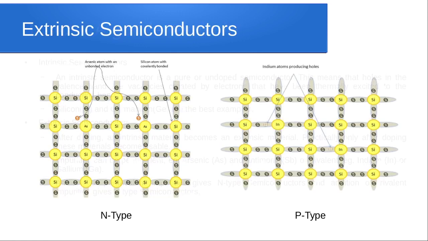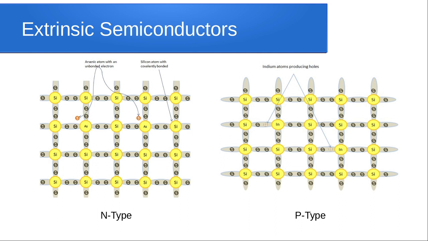This can be made clear by this diagram. On the left hand side of your screen is an n-type semiconductor. You can see the n-type impurity arsenic has 5 outer orbit electrons. 4 of them bond with the silicon atoms, leaving behind 1 electron as a free electron, which contributes to the conduction.